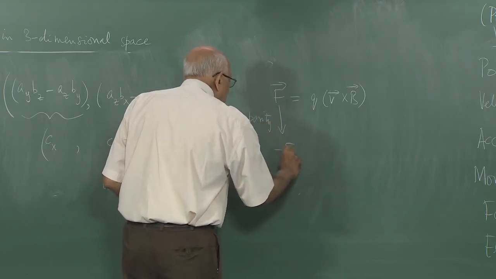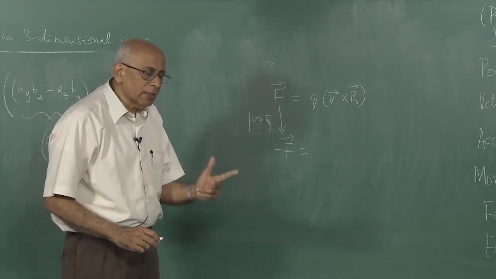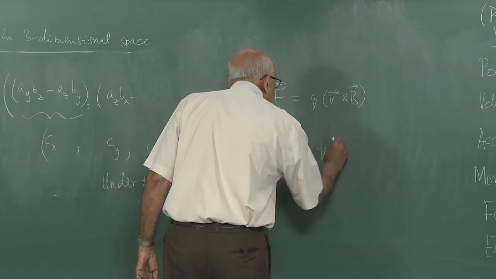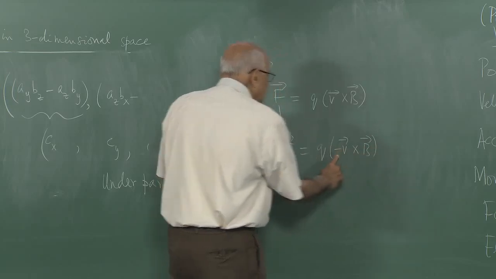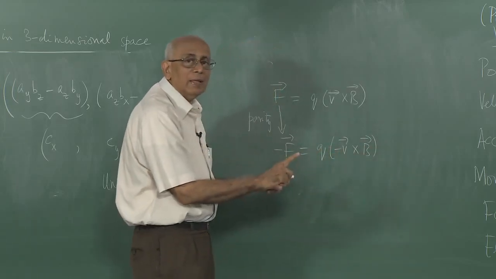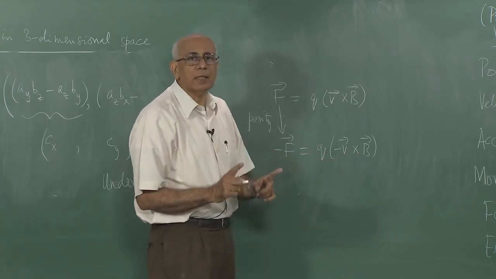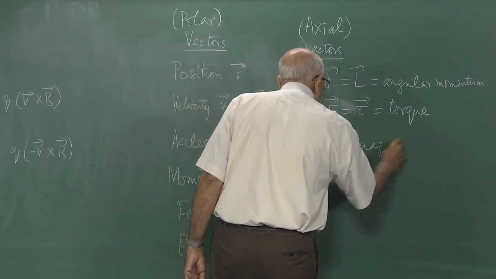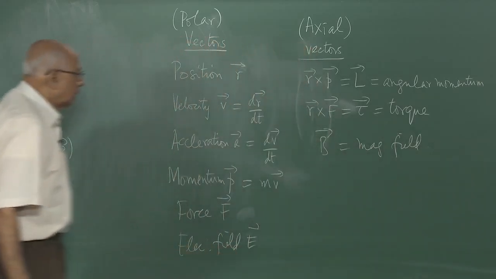It will become minus F, and if this law is to remain the same whether I change coordinate system from a right handed to left handed coordinate system or not, this has to become q times minus V cross B. The minus signs have to cancel out to give me exactly the same law in the old and new frames, which tells me that B cannot change sign. So the conclusion is that the magnetic field B is an axial vector, and so on.